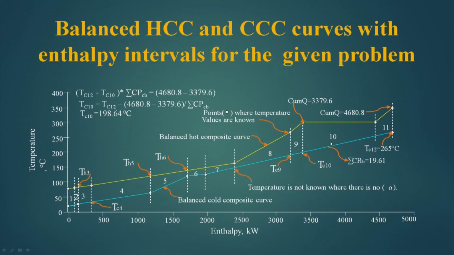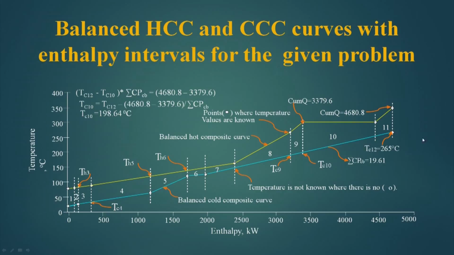So, we see that this is a straight line. We can always apply the straight line interpolation rule, or linear interpolation rule, which is nothing but this equation for this case. So, here TC12 minus TC10 is equal to the summation of CP into the streams which are present here, which is 19.61.